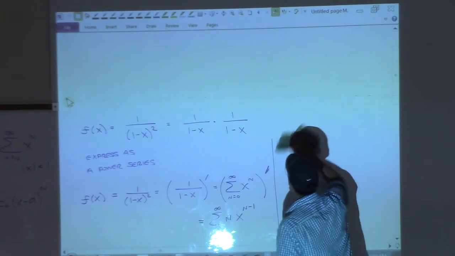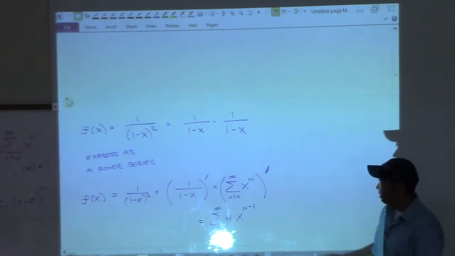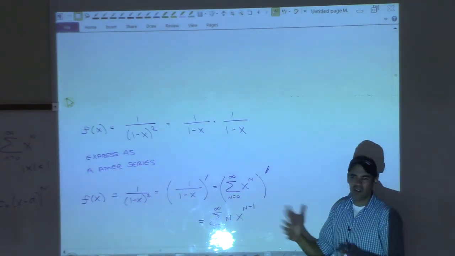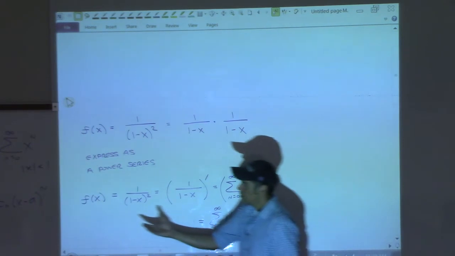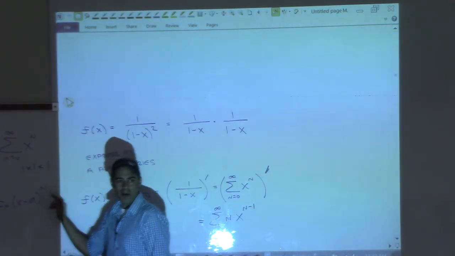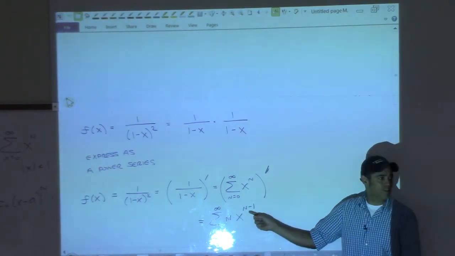Now, a couple of things. This is a power series, right? I mean, it is a power series, but it doesn't look like the standard format. So we either need to try and get the n to be 0 or this to be n. Right now it's n minus 1, right? Let's go for turning that into an n.